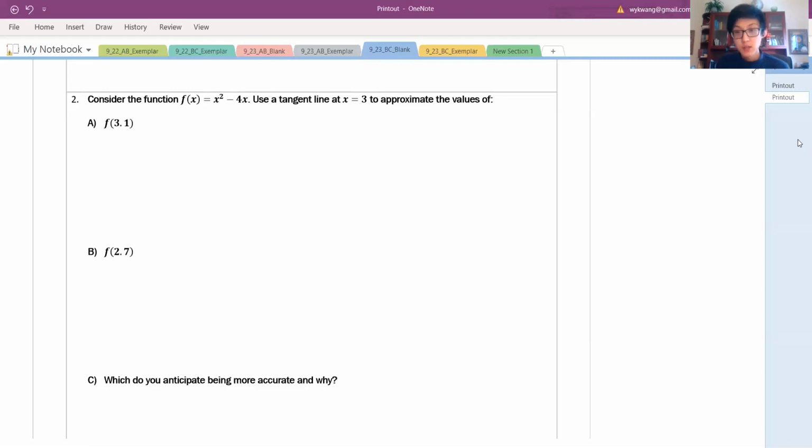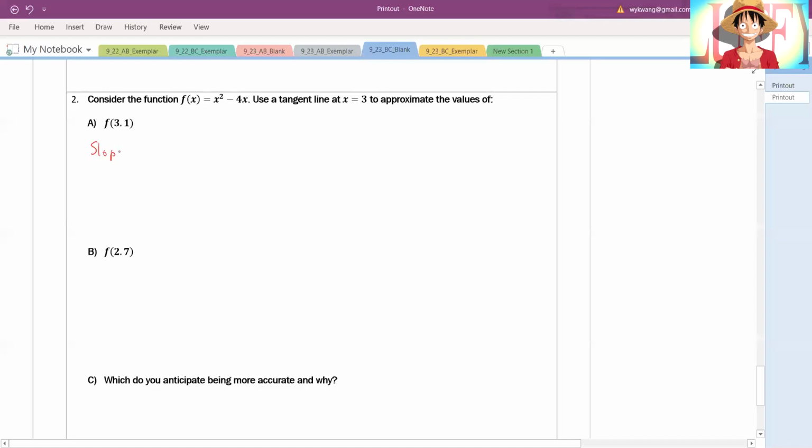Okay, I'm going to start calling on people and walking through the problem. Ansel first. For the first part, how did you start the problem? I decided to find the slope, so I took the derivative of x squared minus 4x. Awesome, that's always a good first step. What did you get for the derivative?